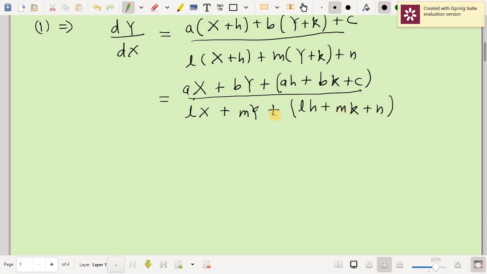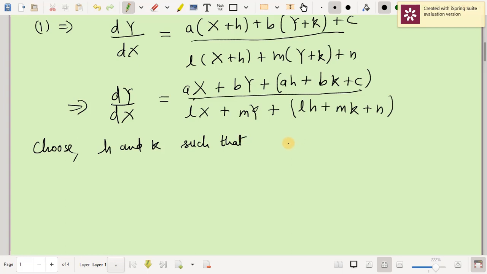Once they become 0, you get a differential equation for dY by dX in terms of capital Y and X which is homogeneous, because the numerator becomes homogeneous of degree 1 and the denominator also becomes homogeneous of degree 1 in terms of capital X and capital Y. We will solve this first for capital X and capital Y. So we choose h and k such that ah plus bk plus c is equal to 0 and lh plus mk plus n is equal to 0.